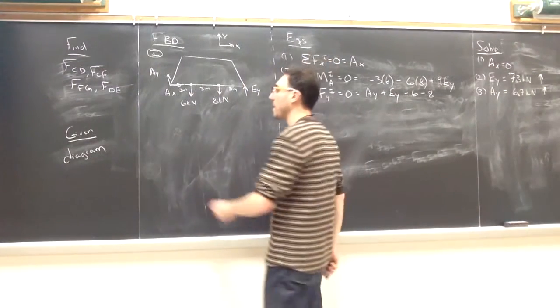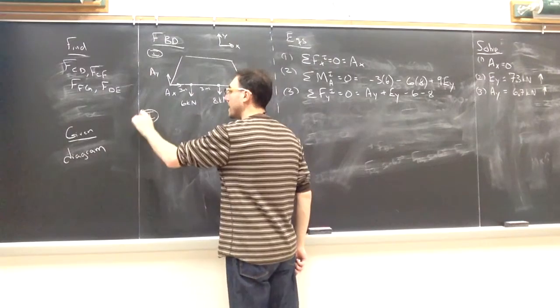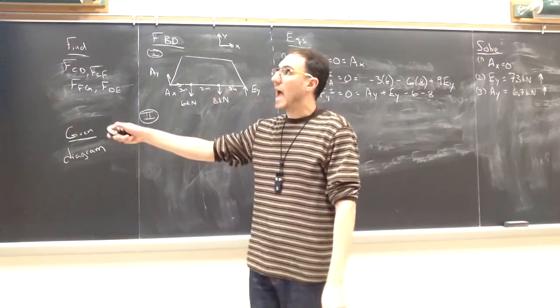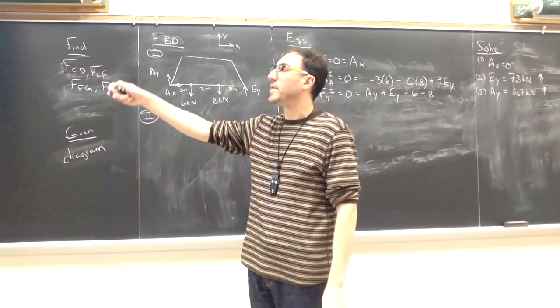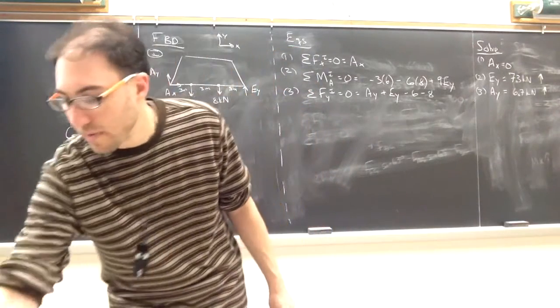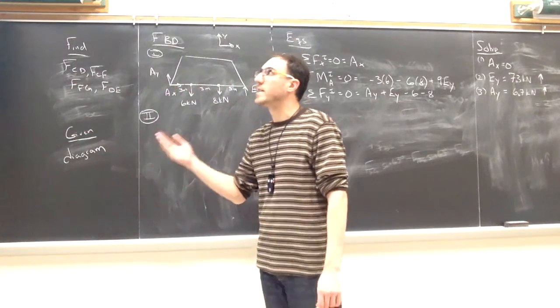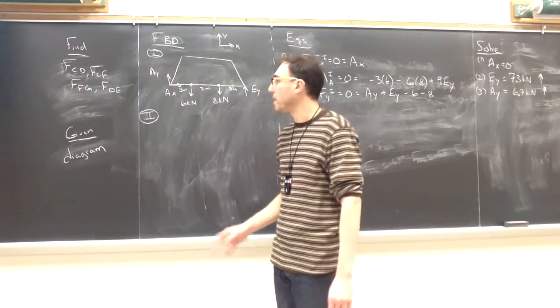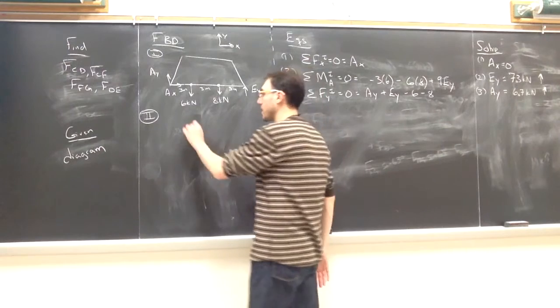So I make my second free body diagram, now making that internal cut. Everything on this side that I'm not cutting through, I'm just going to copy exactly. So remember, FD, DE, FE, completely unaffected by this cut. So that just gets copied.